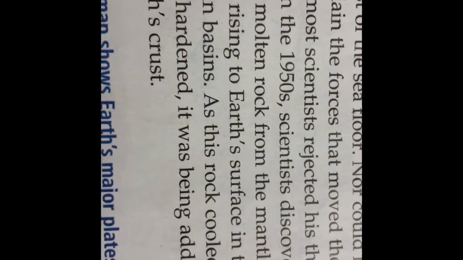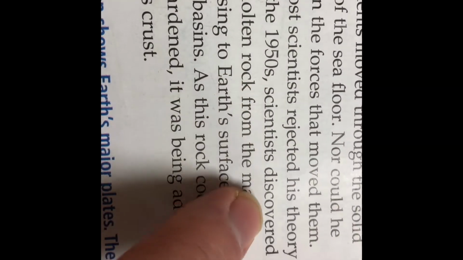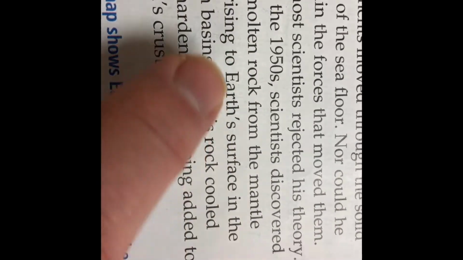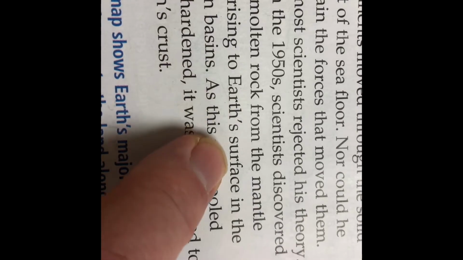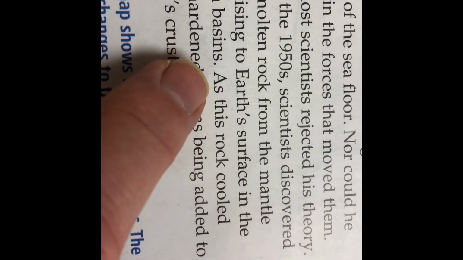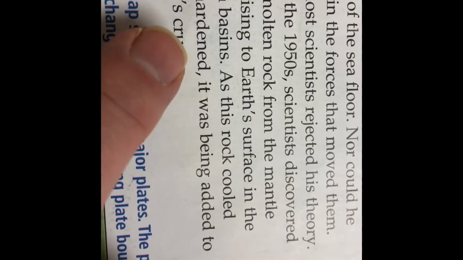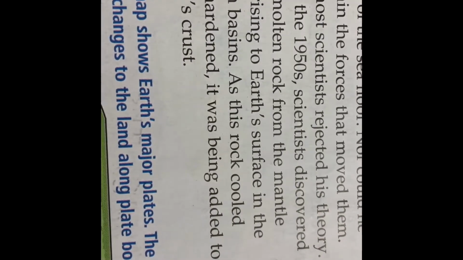However, you know, something else they realized? Let's read over here to see what they found out. So in the 1950s, scientists discovered that molten rock from the mantle was rising to Earth's surface in the ocean basins. As this rock cooled and hardened, it was being added to the Earth's crust.